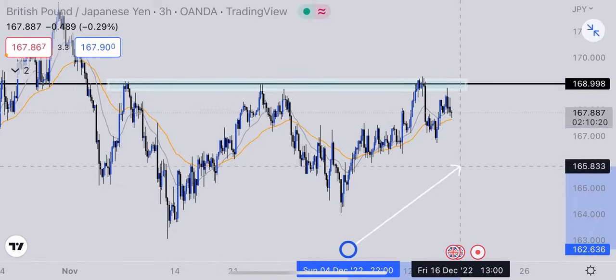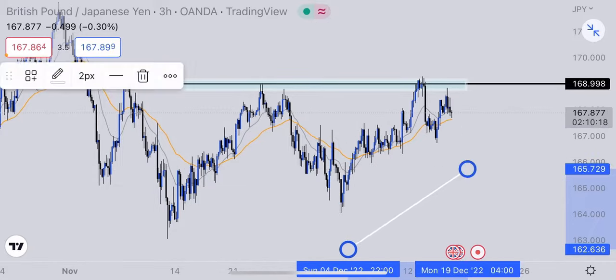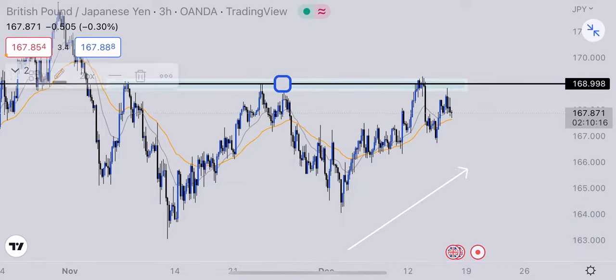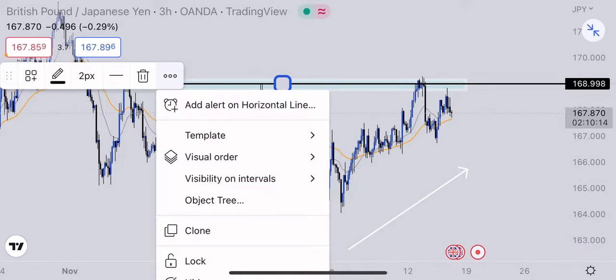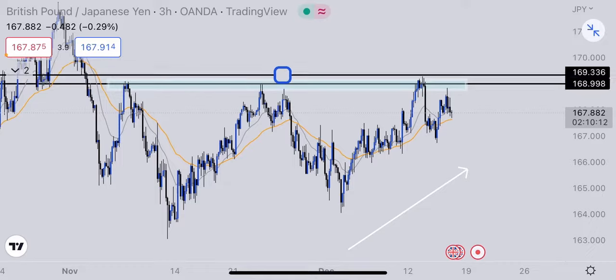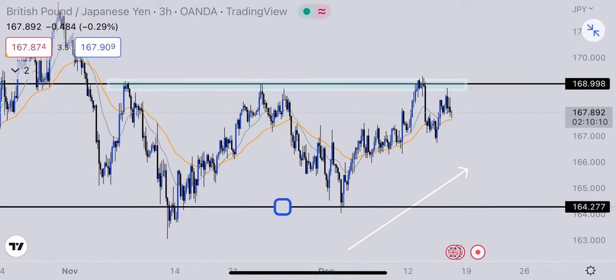Right, so now we are going to draw our resistance line. Cool. Right, this is our resistance zone.